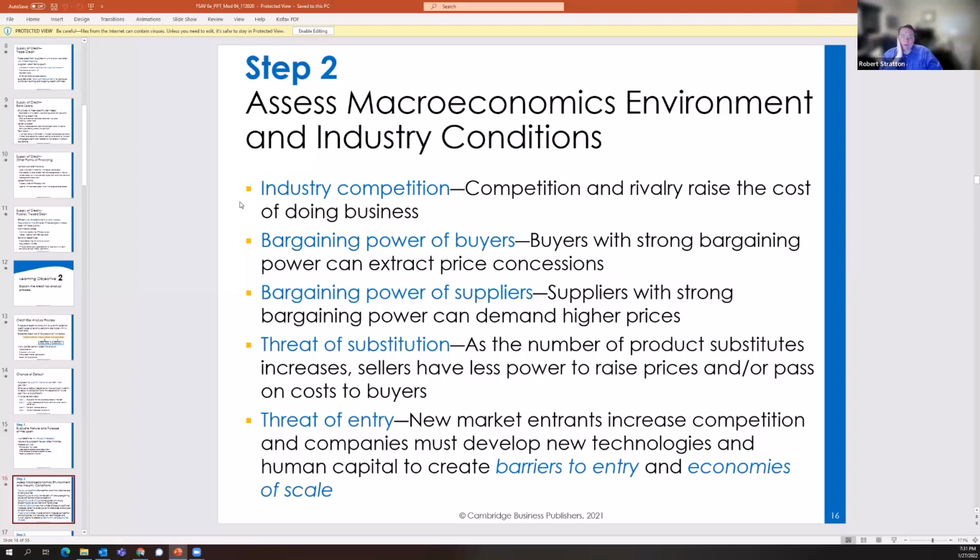The threat of substitution. You don't want to be lending to a company that's going to lose market share because there's some substitute in the market for the product. And the threat of entry. This is a big one for a lot of companies, especially retail, a lot of tech, areas where it's pretty easy to get into.